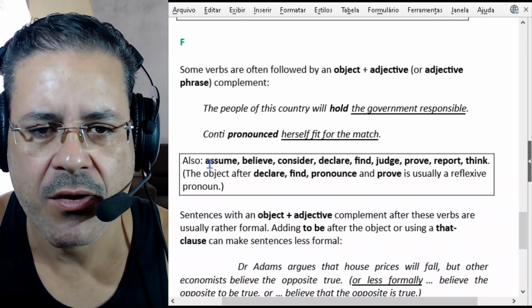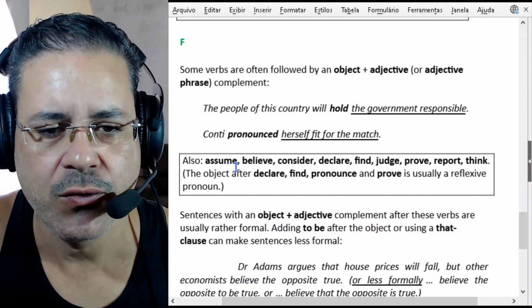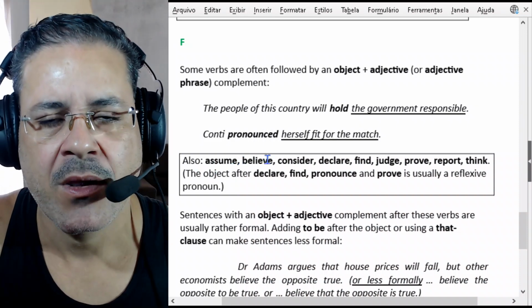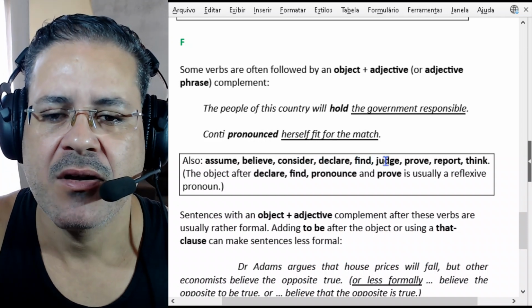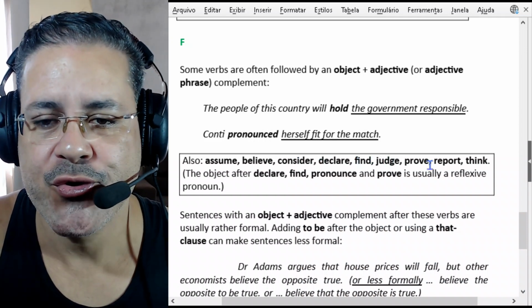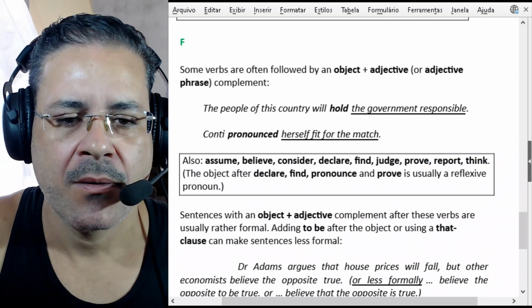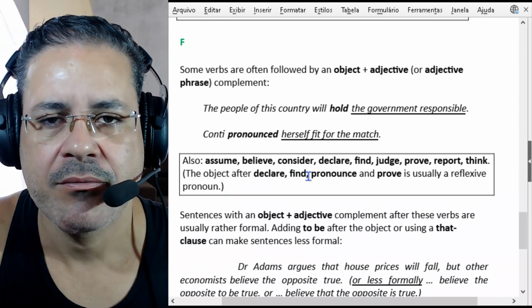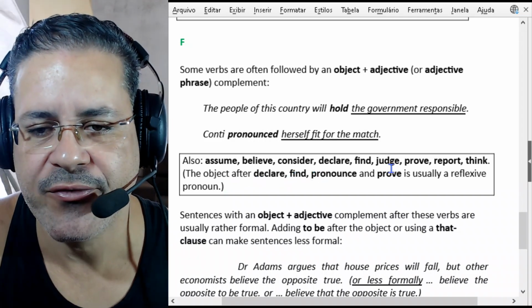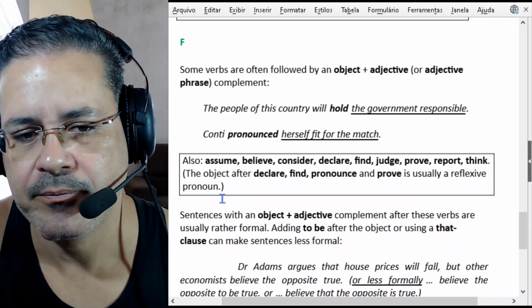Also, we can use that pattern with the verbs to assume, believe, consider, declare, find, judge, prove, report, think. The object after declare, find, pronounce, and prove is usually a reflexive pronoun.